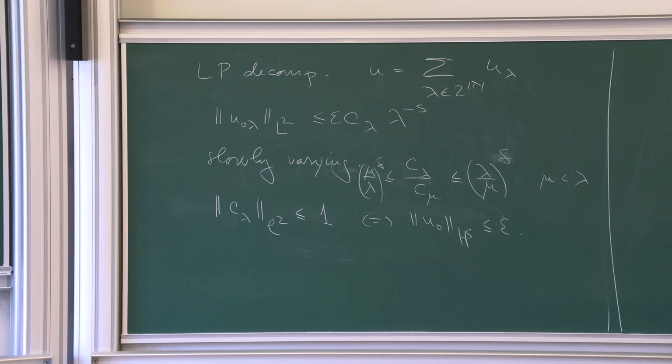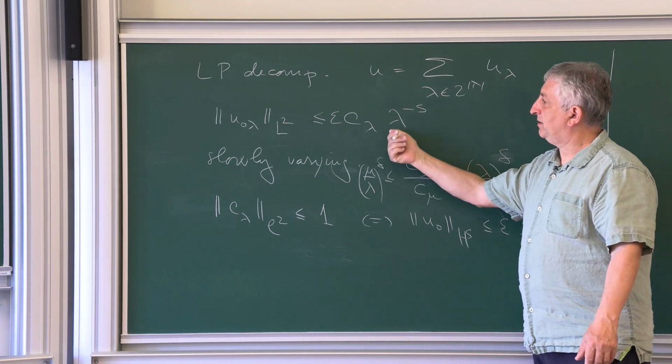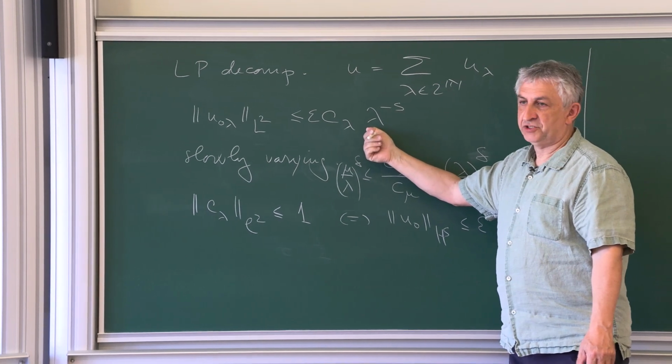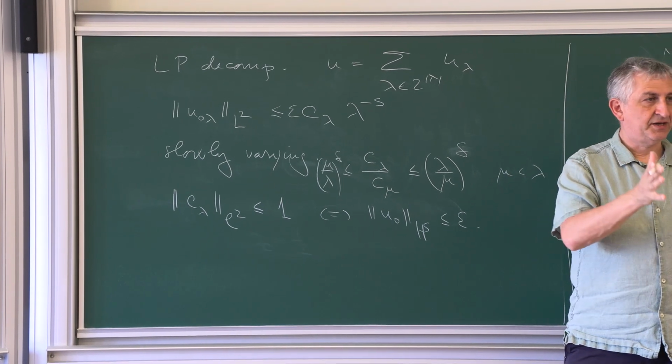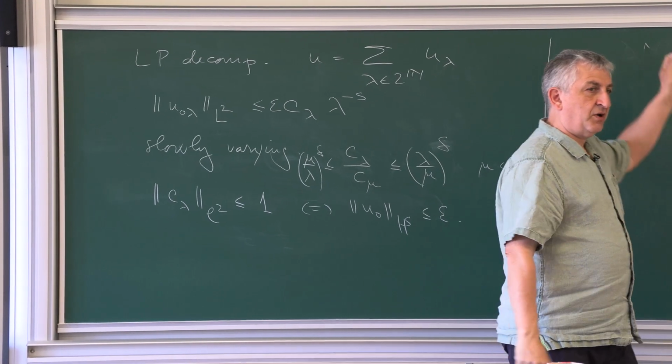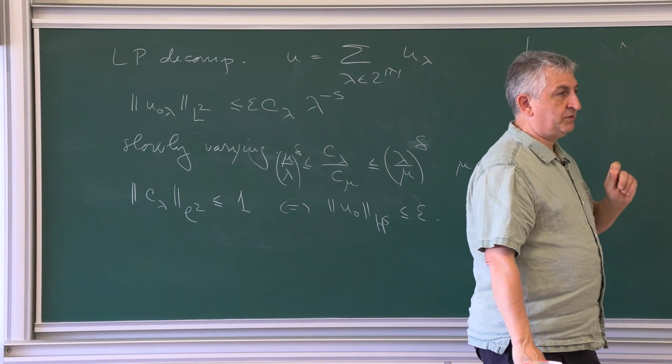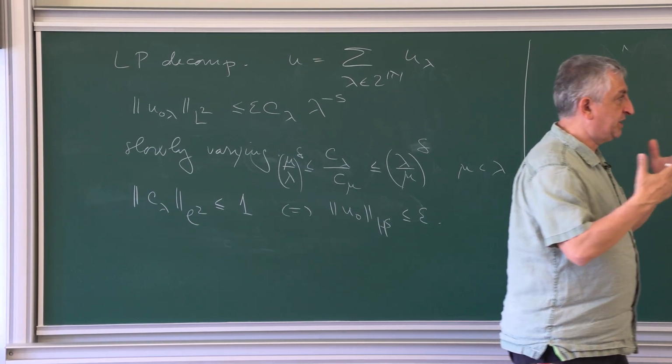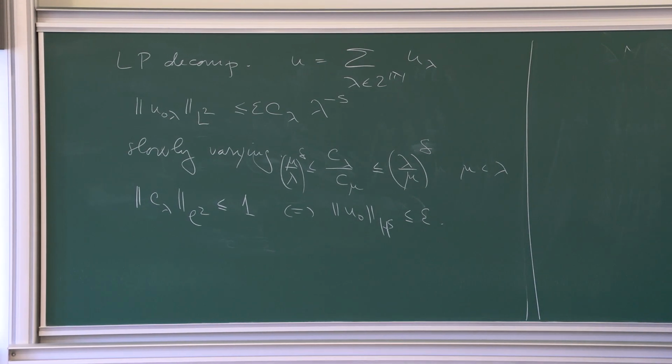Now, once we have this frequency envelope for the initial data, we would like to say that this is inherited by the solution. And so now I'll actually be able to write down a bunch of estimates, which is what we expect the solutions to satisfy.